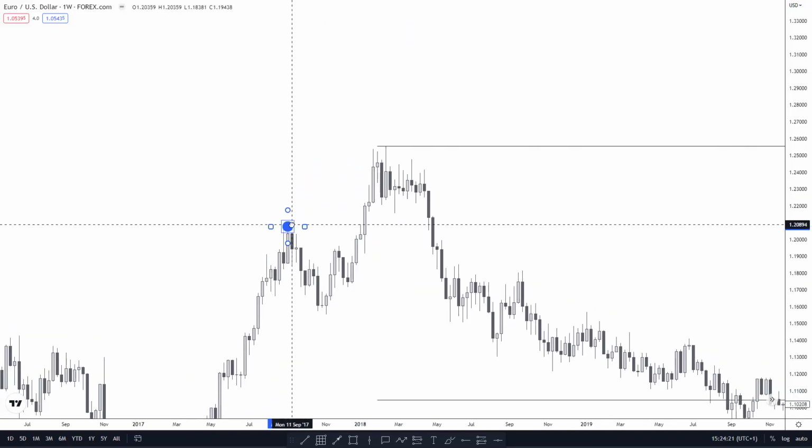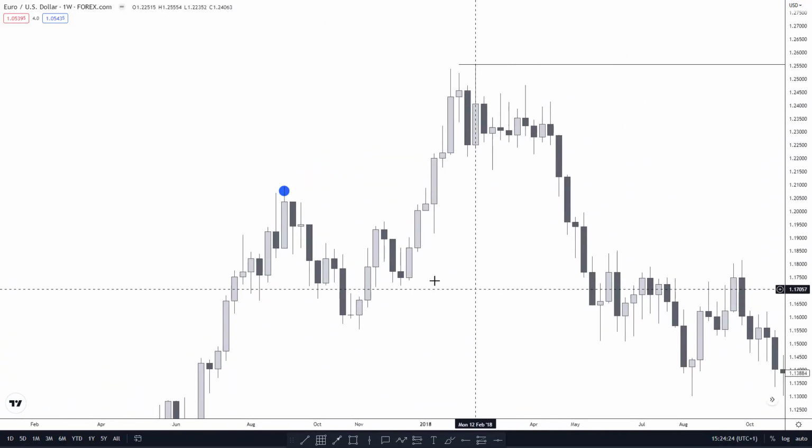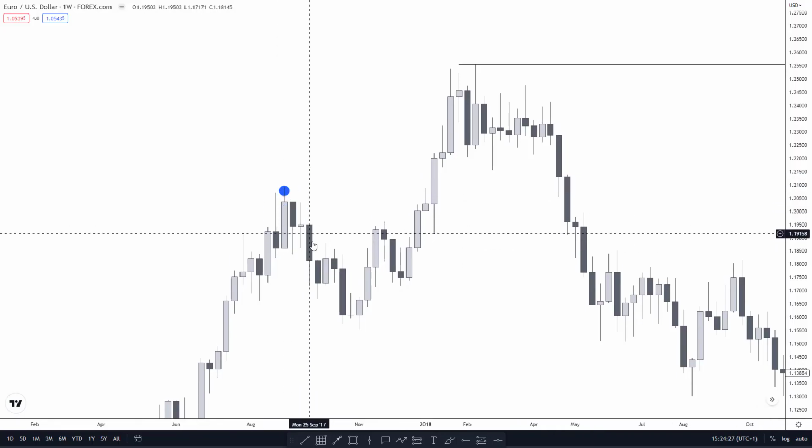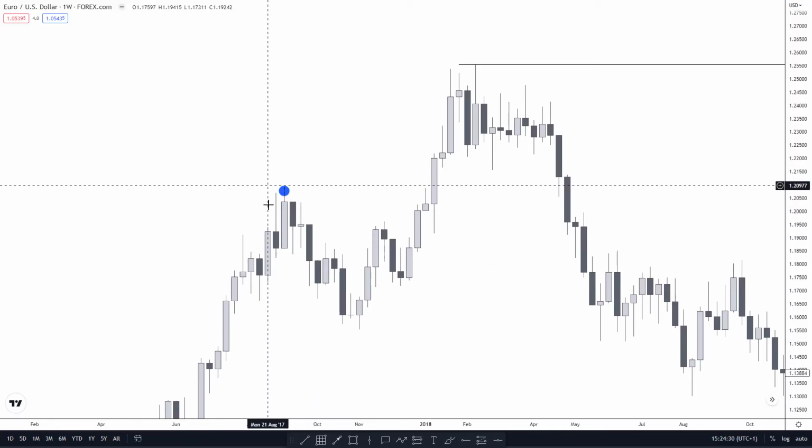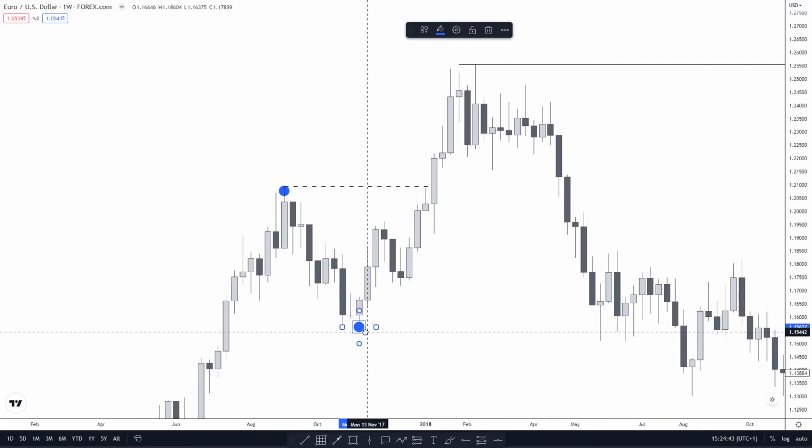So we can mark a high there, because why? This candle was cemented by this one. And then we have our swing high here, and I can see that that gets broken at this point. So we now have a confirmed swing low, which is the lowest point after this high.